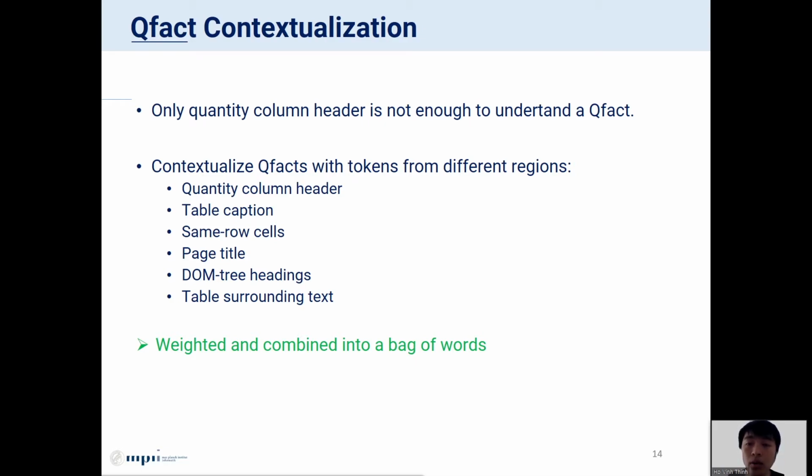So in this step, we basically contextualize the QFact with not only the quantity column header, but also with other components of the table. For example, the table caption, the cells on the same row, the page title, DOM tree headings, and the text surrounding the table. These components are weighted and combined together into a bag of words.